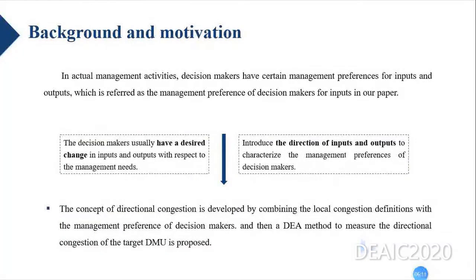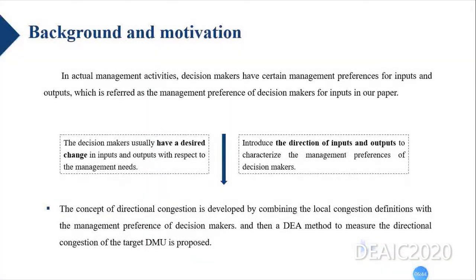Furthermore, in practical management, decision-makers have certain management preferences for inputs and outputs. Take inputs as an example to explain this concept. The decision-maker usually has a desired strategy for adjusting different inputs with respect to the management needs. This can be described by a specific proportional relationship among these input increments.